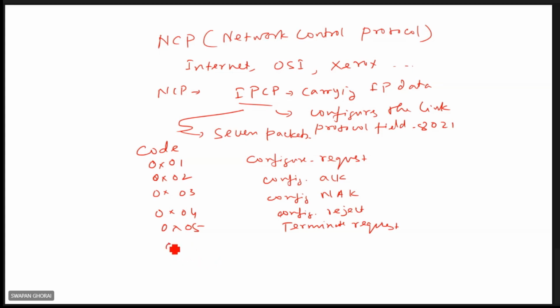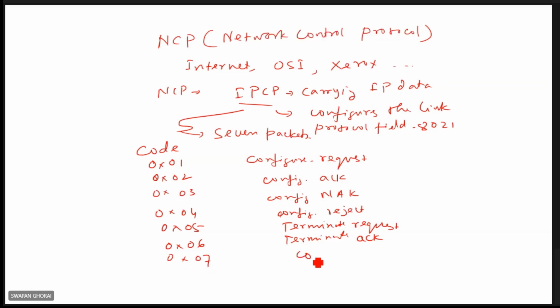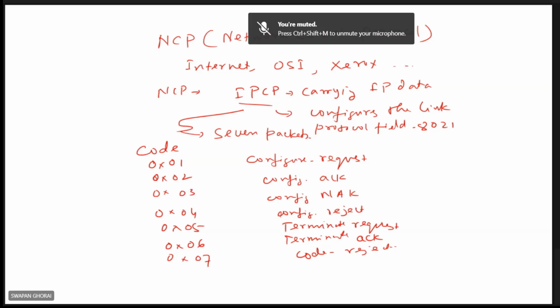So 06 will be the terminate acknowledgement, or it can be reject also, like code reject. So there are this type of packets are there. 7 packets are there in IPCP.